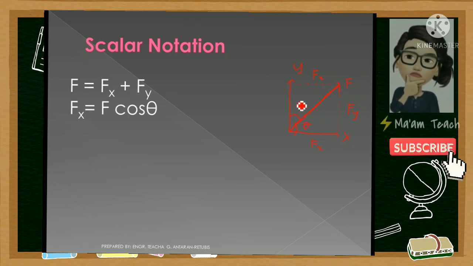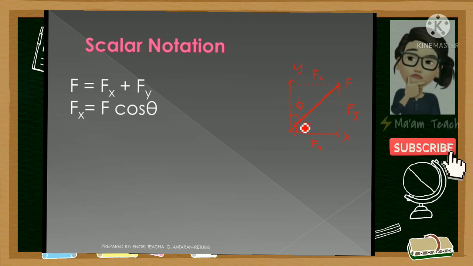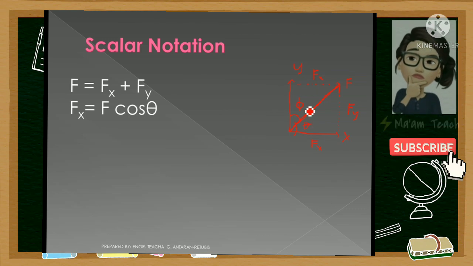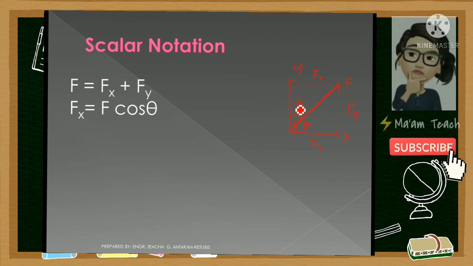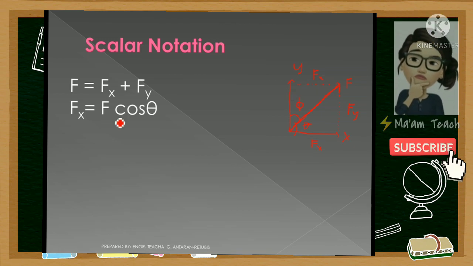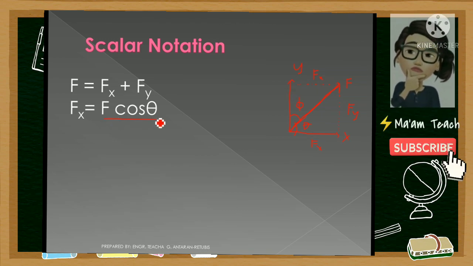So we can have it like this. Let's name it angle phi. Angle theta is the angle with respect to the x-axis, and let's take angle phi as the angle with respect to the y-axis. So where did this F cosine theta come from?